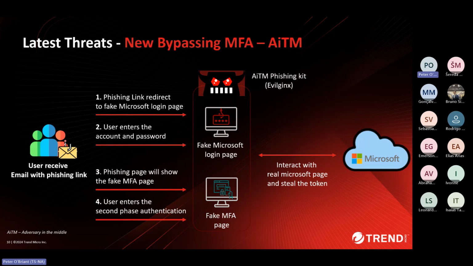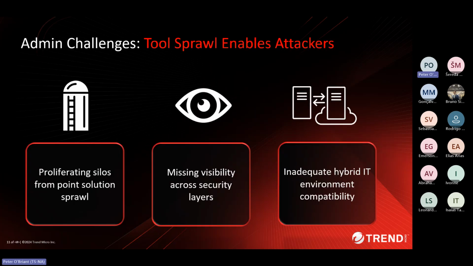So they enter their account password. Then the phishing page shows a fake MFA page. Once again, they enter the second phase authentication, and it's actually interacting with the real Microsoft page, which then steals the token. So then they have access to it. Definitely a little bit on the scary side.